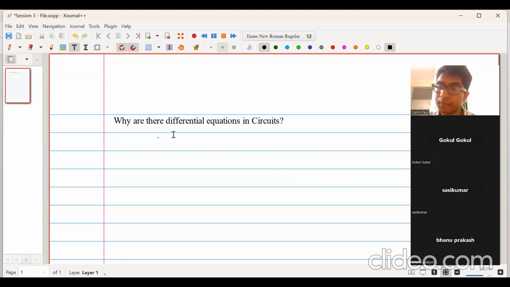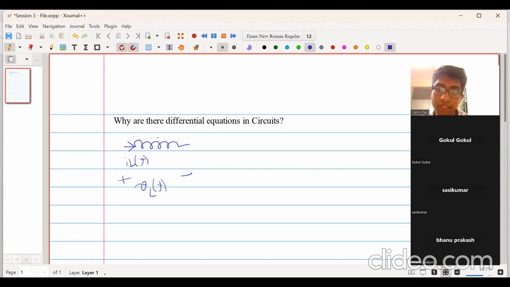If we consider an inductor, we know an inductor is drawn like this, and this is the current through the inductor and the voltage across the inductor is denoted like this.